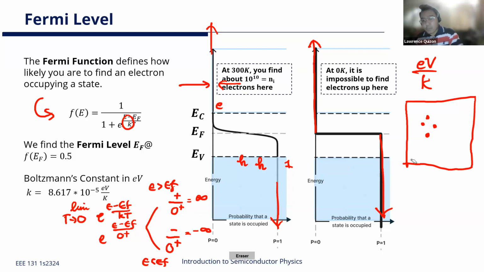So what does that mean? Kung flat 0 to, there are absolutely no electrons up there. Kung flat 1 yan, there are absolutely no holes down here. So that's what happens to the Fermi function as we change the temperature.